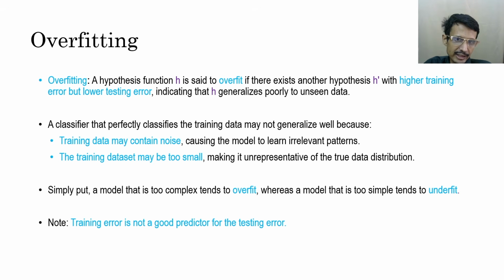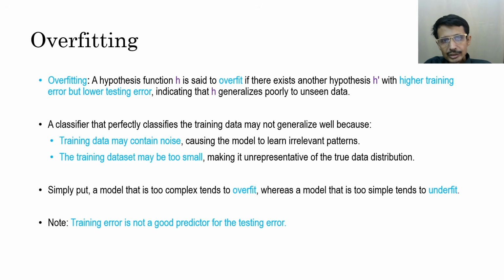But the performance of a classifier should not be evaluated through its performance on the training data. Rather, it is evaluated by how well it performs on the testing data.